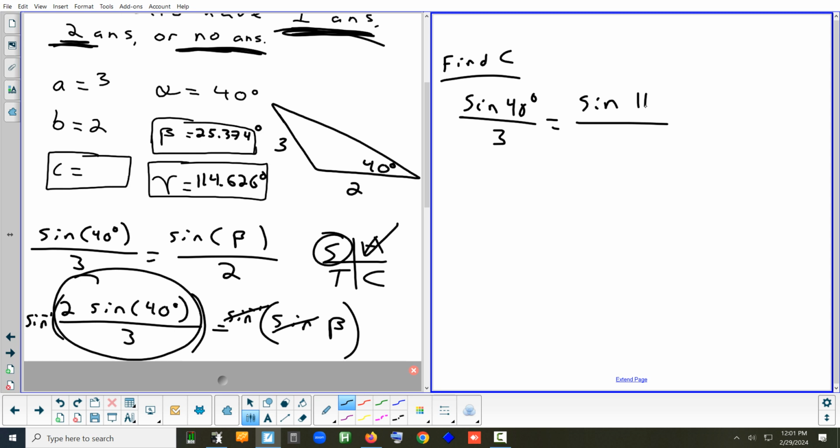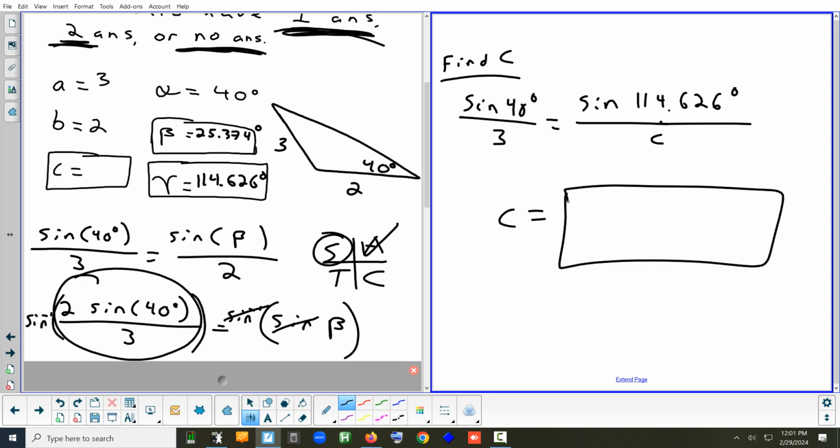What's going to go on the top right? The top right is sine 114.626, divided by C. Sine of alpha over A, sine of gamma over C. So what's my formula for C look like? It's division.